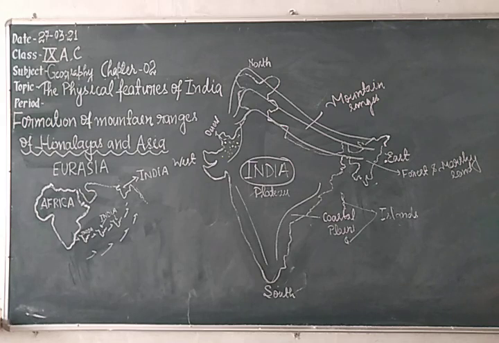And after that, due to the convection current, it started to move towards the northeastern part of the ocean. And as you can see on the blackboard, due to the movement towards the northeastern part of the ocean, it started to collide with the much larger Eurasian plate.